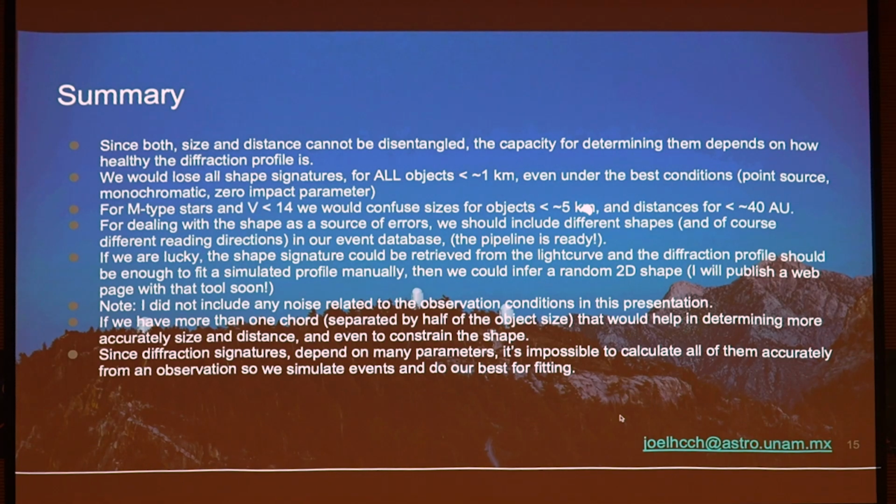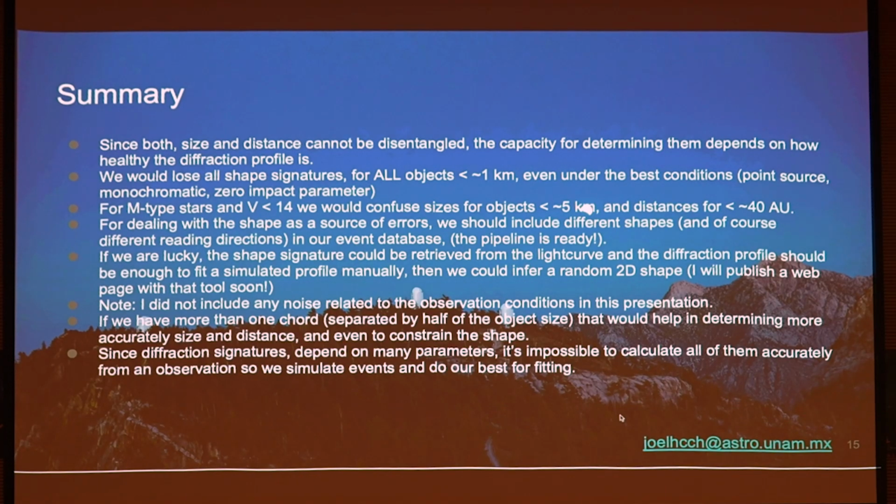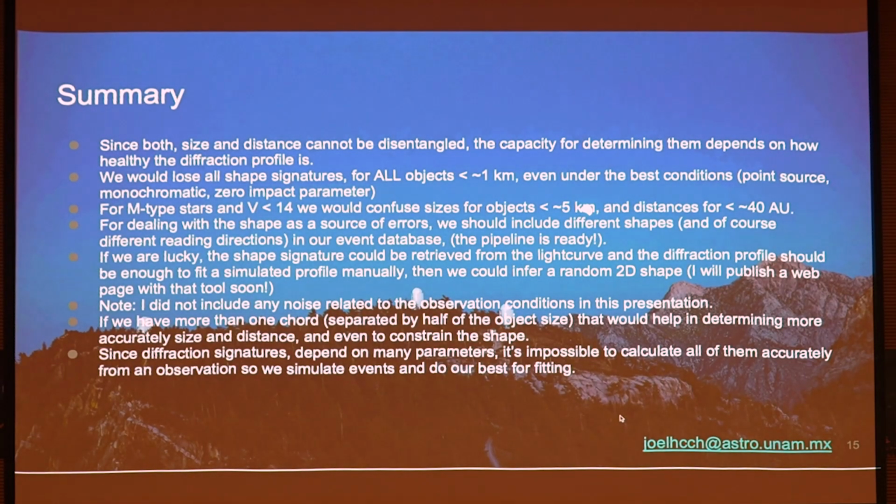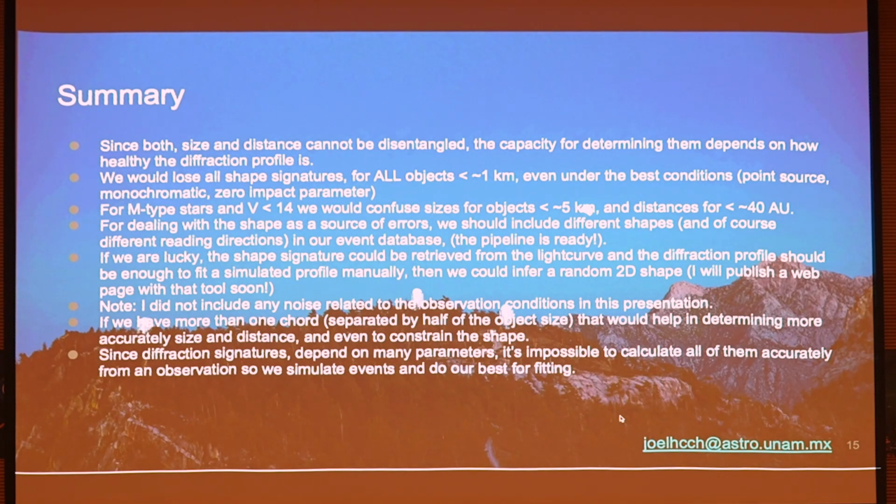Do you have an idea how many parameters you need to actually fit the light curves? Like 7, plus the reading direction, including for binary objects, right? You need only 7? Let's say you have data flowing in, and you need to say, okay, we have something here, what is it?